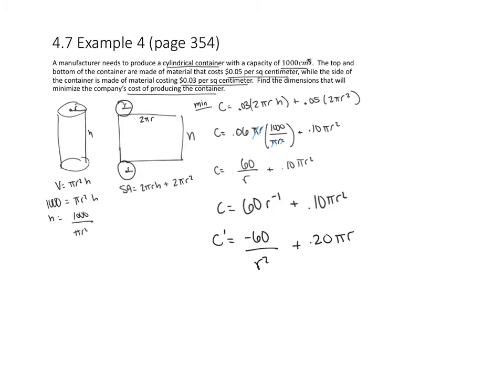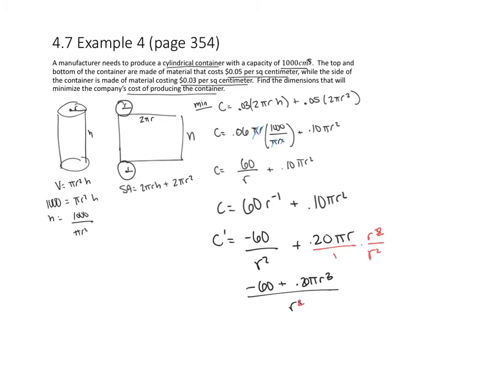So we're going to need to make a common denominator for this. So negative 60 plus 20 pi r cubed all over r squared. So what I did there was made a common denominator. I multiplied my numerator by r squared and my denominator by r squared. And then once they were all r squareds in the denominators, I was able to combine my numerators together.